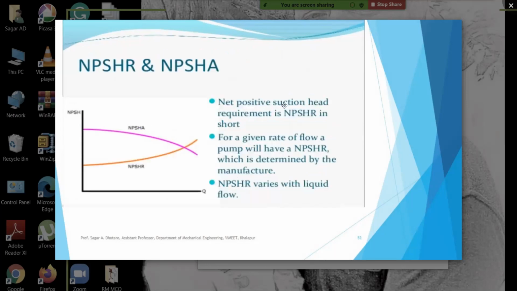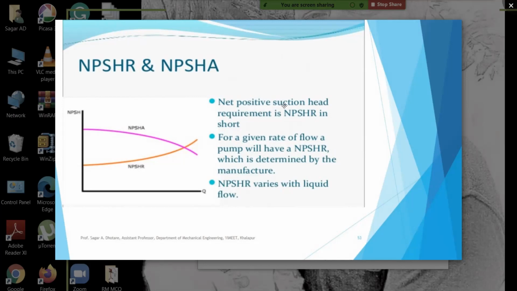Then NPSHR and NPSHA. Net positive suction head required is denoted by NPSHR. For a given rate of flow, the pump will have an NPSHR, which is determined by the manufacturer, and NPSHR varies with the type of liquid.